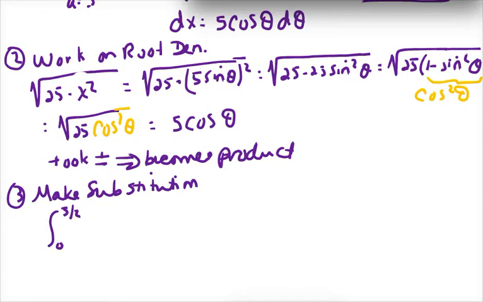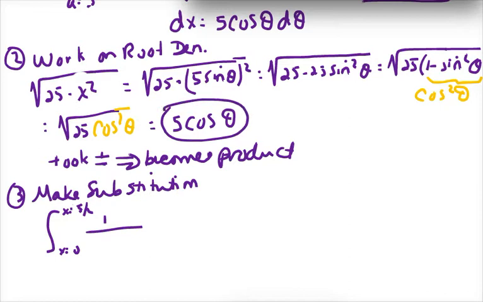Remember, this is x equals 0, x equals 5/2. I put that there so that you recall we're going to have to convert our limits. And I'm going to substitute in for the denominator that we just solved, which is 5 cosine theta. Dx is actually 5 cosine theta d theta. So we're making a substitution, and then we're going to integrate.